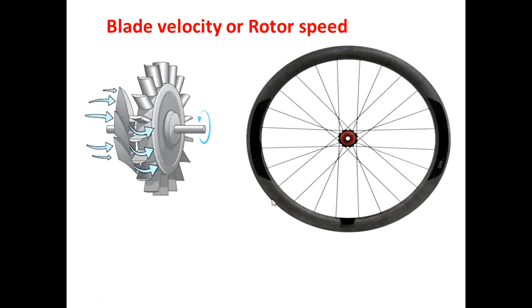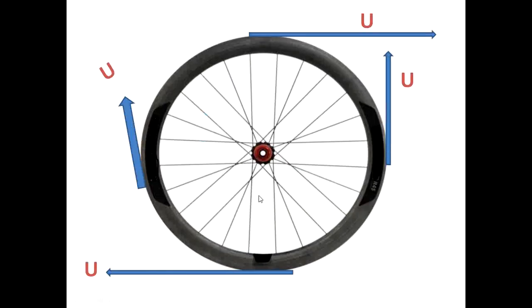Both will be the same. See, this is the blade velocity. At each and every point you take, wherever you take, here you take, here you take, I hope you are understanding. If it is rotating in this direction, the blade velocity, or tangentially if you take to that particular rotor, which point you will take, that point will be the blade velocity.